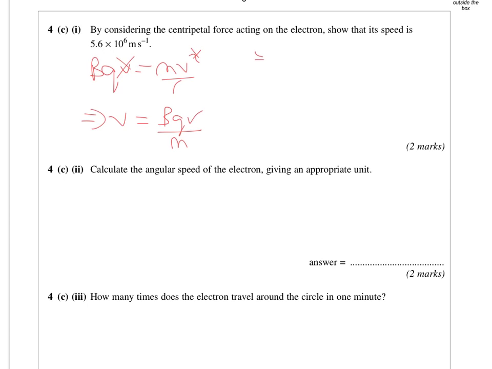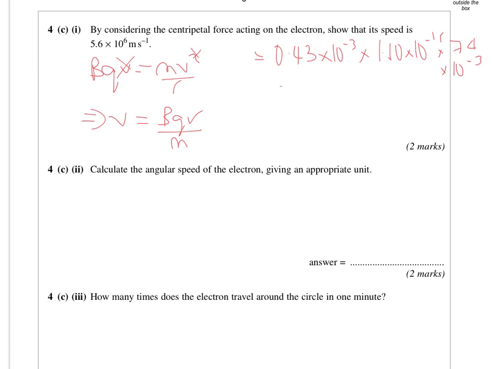So that's going to be, our field strength is 0.43 times 10 to the minus 3. It's an electron, so that's 1.6 times 10 to the minus 19, times the radius. The radius in this question is 74 times 10 to the minus 3.